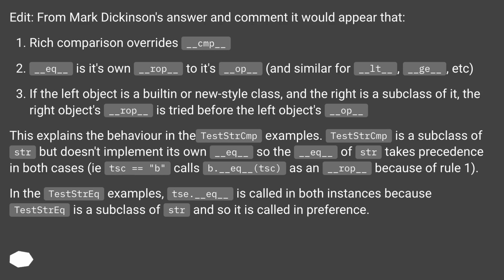a == tsc calls b.__eq__(tsc) as an __rop__ because of rule 1. In the TestStrEq examples, c.__eq__ is called in both instances because TestStrEq is a subclass of str and so it is called in preference.